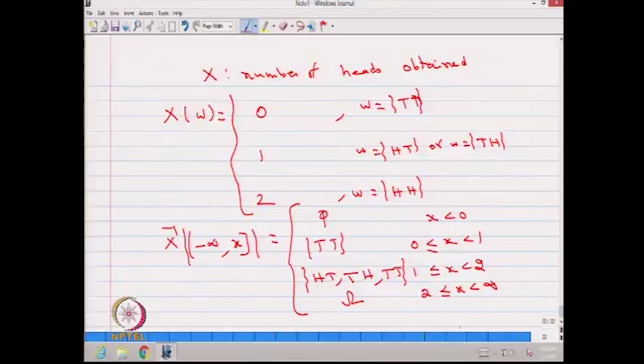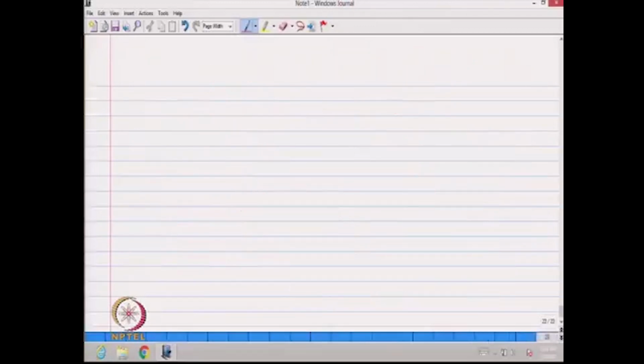Since we have taken F as the largest sigma field, the empty set, tail tail, head tail, tail head, tail tail, and the omega all belong to F. Since for all x, X inverse of minus infinity to x belongs to F, X is a random variable because it satisfies the condition.